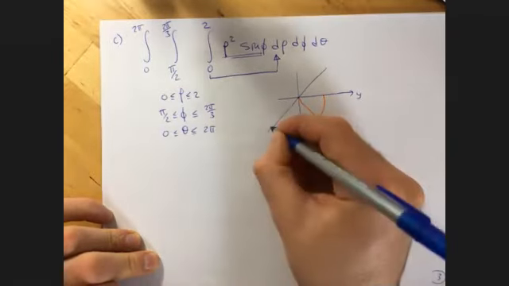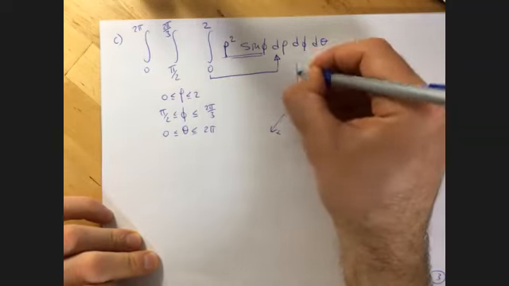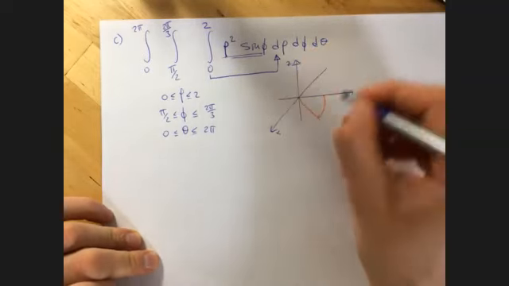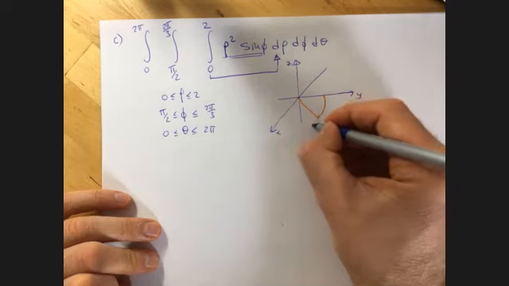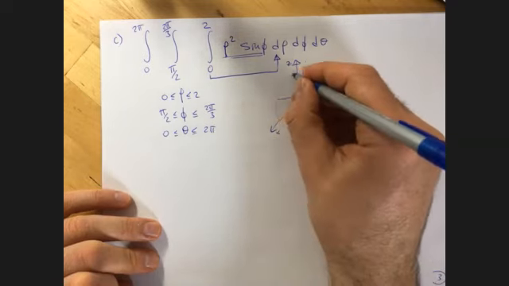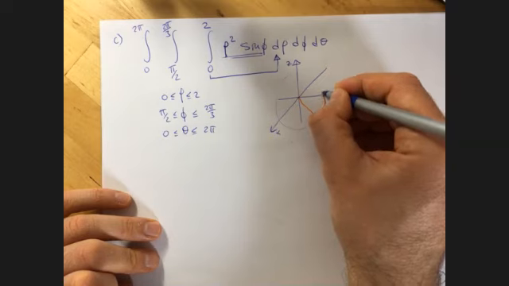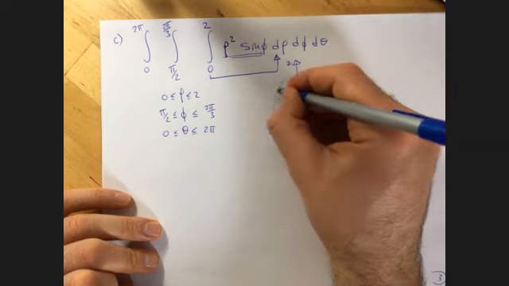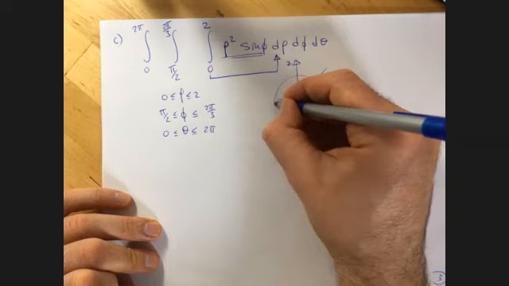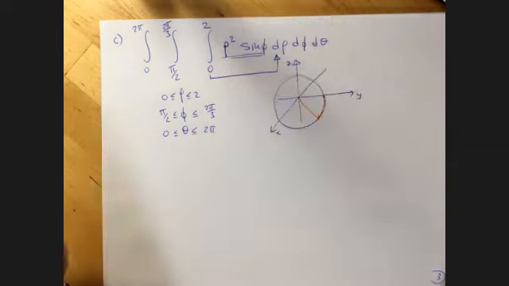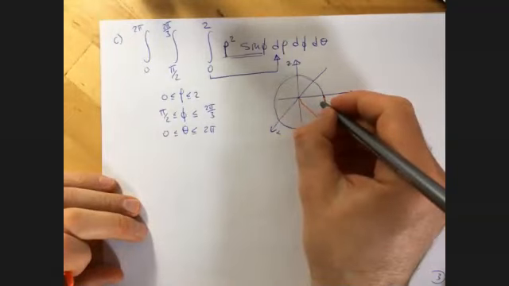This is y, this is x, this is z. Let's just use this circle here that I already started to represent our sphere. That means that theta spins a full circle, 360 degrees. So we're just talking about this, right?